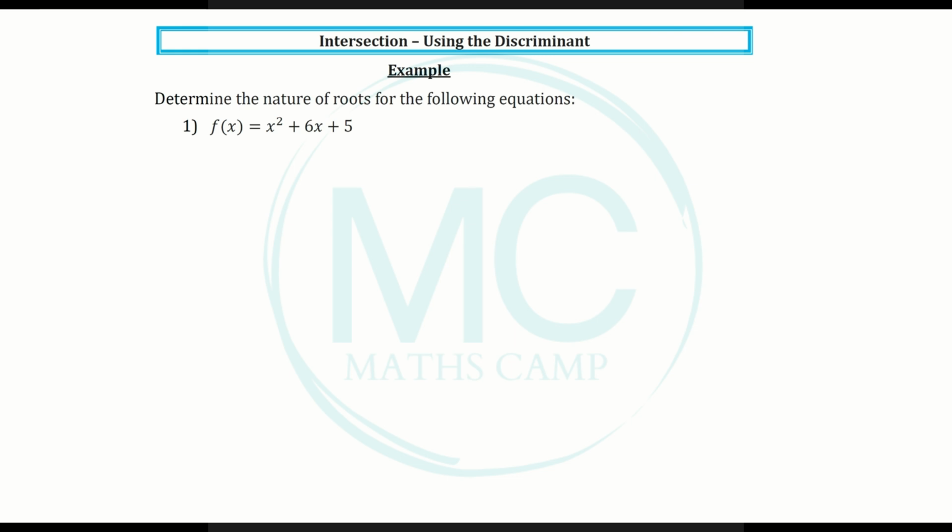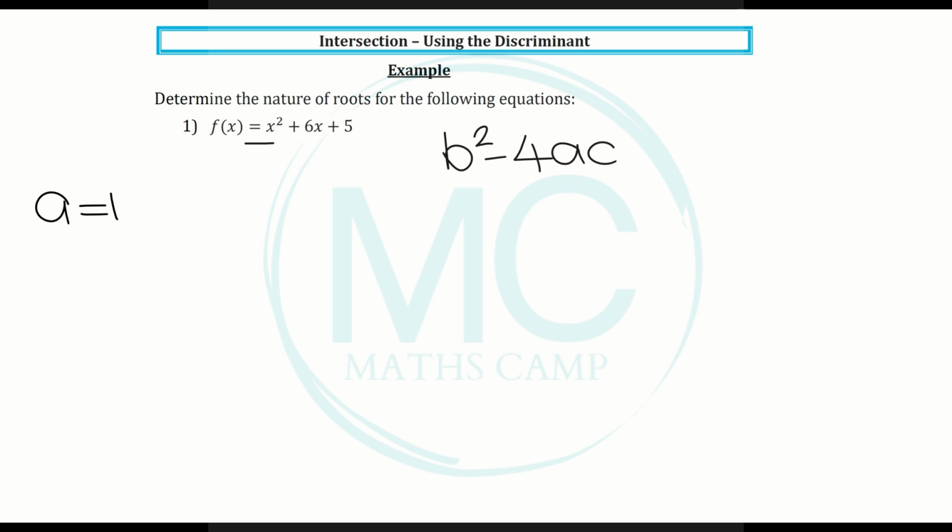Let's look at an example. Determine the nature of roots for the following equations. f of x is equal to x squared plus 6x plus 5. For the discriminant, we need b squared minus 4ac. A is the coefficient of the square term, so in this case, a is 1.